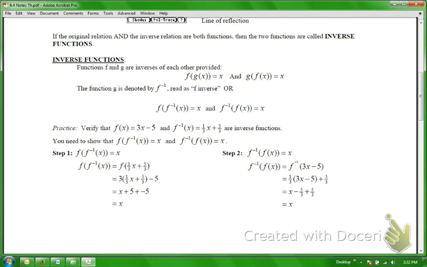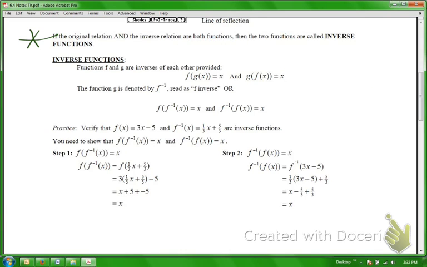All right, so moving on, now that I've scrolled my page down, I do want you to note this. That the original relation and the inverse relation are both functions. To be a function, that's for whatever the graph is. Say we had something like this. You can draw that imaginary vertical line through it, and if it crosses only once, then it is a function.